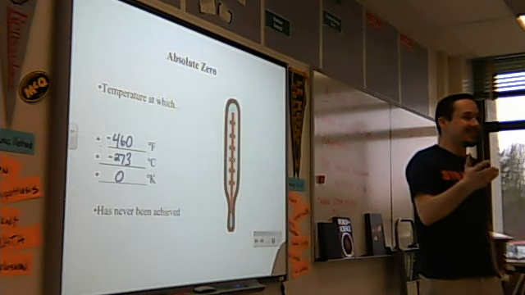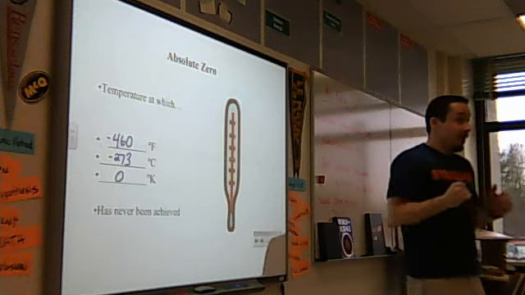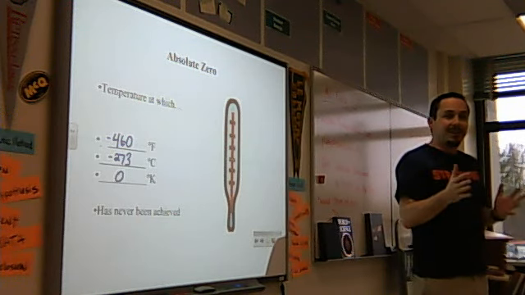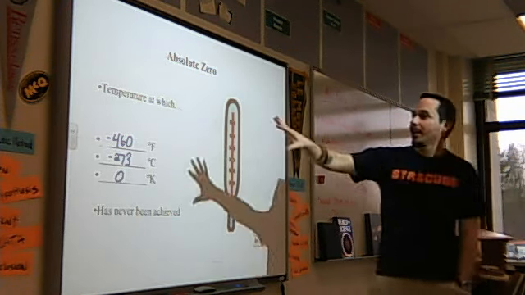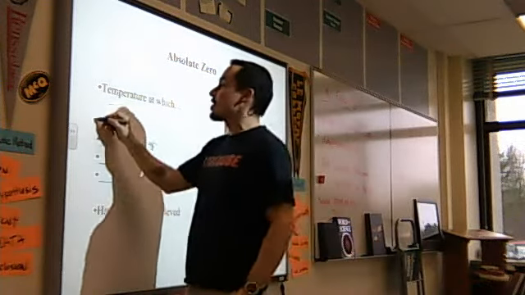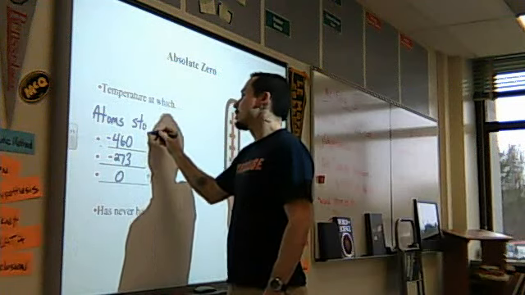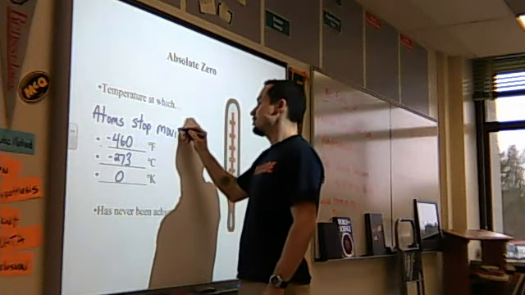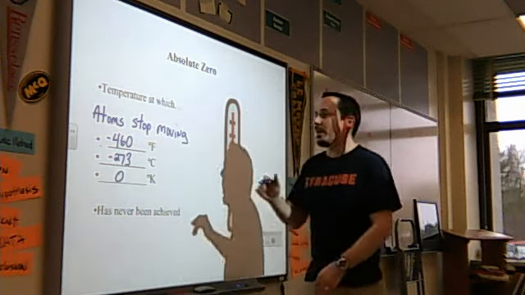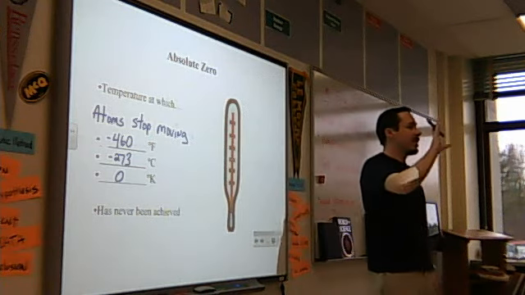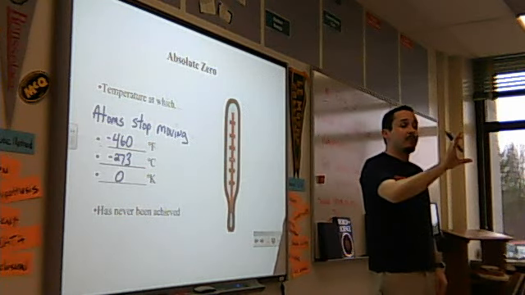Yes, thank you for dancing like that. They completely stop. Yes, that's exactly it. They completely stop. So the temperature at which atoms stop moving is absolute zero. Now, makes sense.